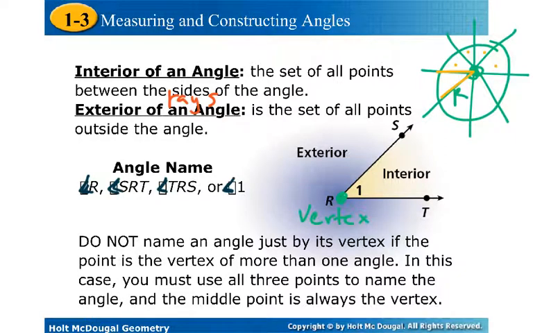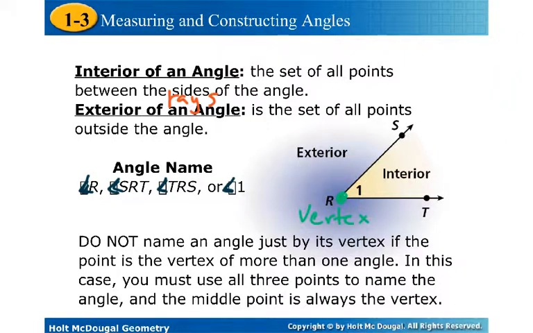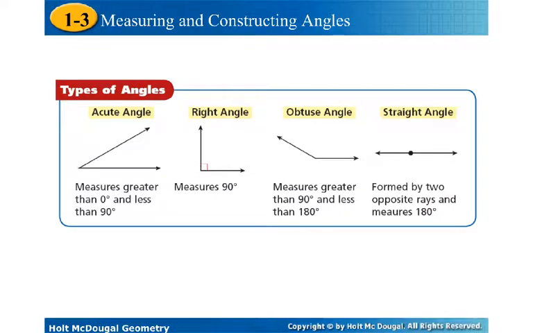So again, we do not want to name just by its vertex if there's multiple. But if there's just one sitting there, which will happen, you can always just name it with one letter. Other than that, you would want to stick to those 3 points to be as specific as possible.